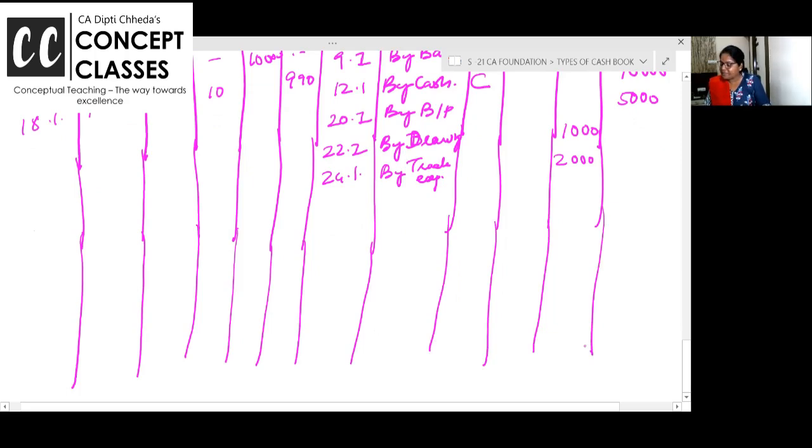By trade expense 2,000. ठीक है? Just we have paid trade expenses. Withdraw from bank for private use. So this time the drawings is from bank.